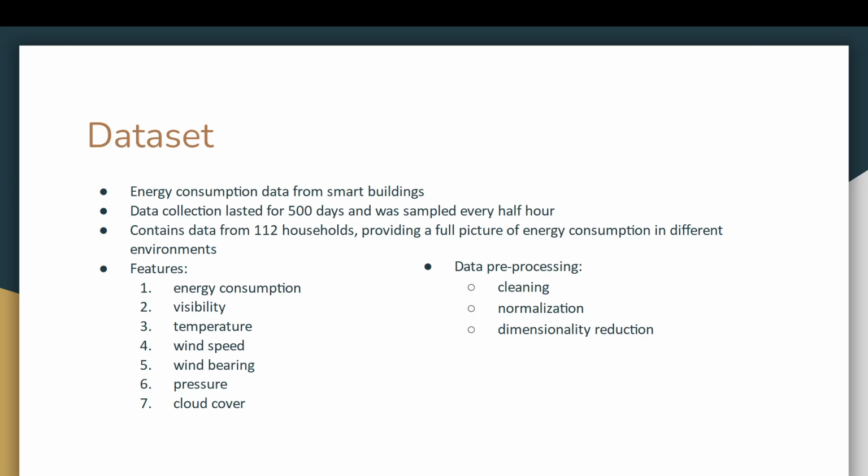The data is pre-processed and merged with weather condition data before being analyzed using the LSTM. This preprocessing includes cleaning, normalization, and dimensionality reduction techniques to enhance data quality.